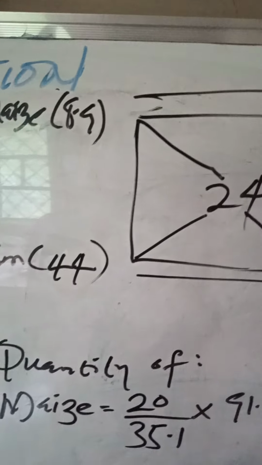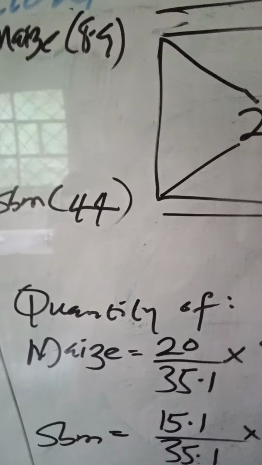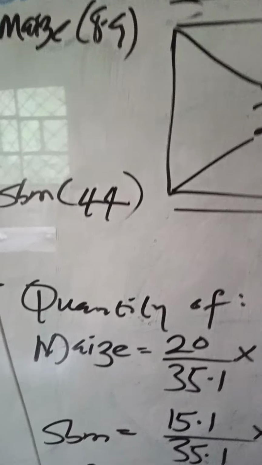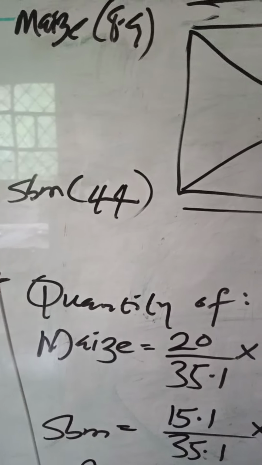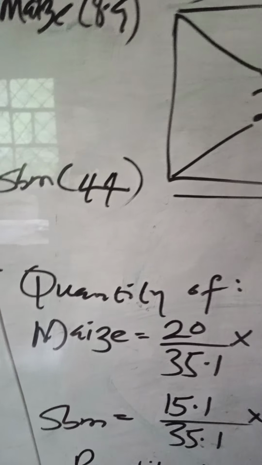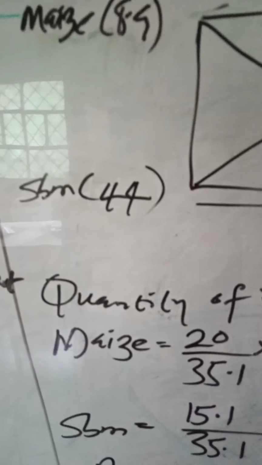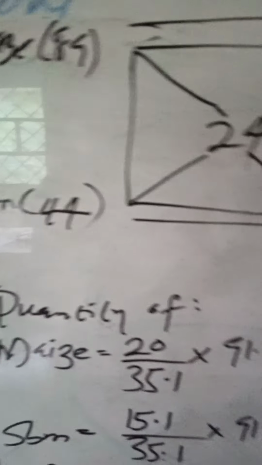The value for maize is put on the upper arm of the square, and the 8.9 you are seeing there is the crude protein of maize. Then the SBM, that is the protein ingredient, is put under the square. That is 44. That is the CP, the crude protein for SBM.